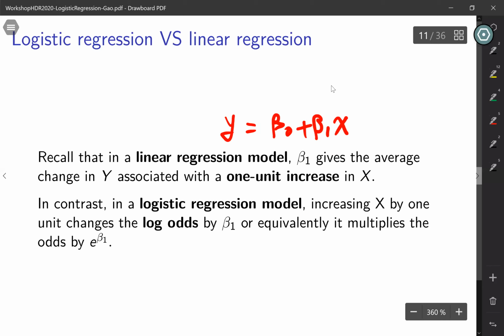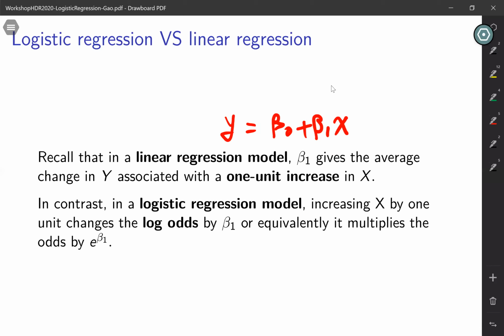R will give you all the betas at the same time, but it's quite hard to interpret these betas directly. Okay, later on, I will show you how to interpret those betas using examples, so you may find it much easier to understand.